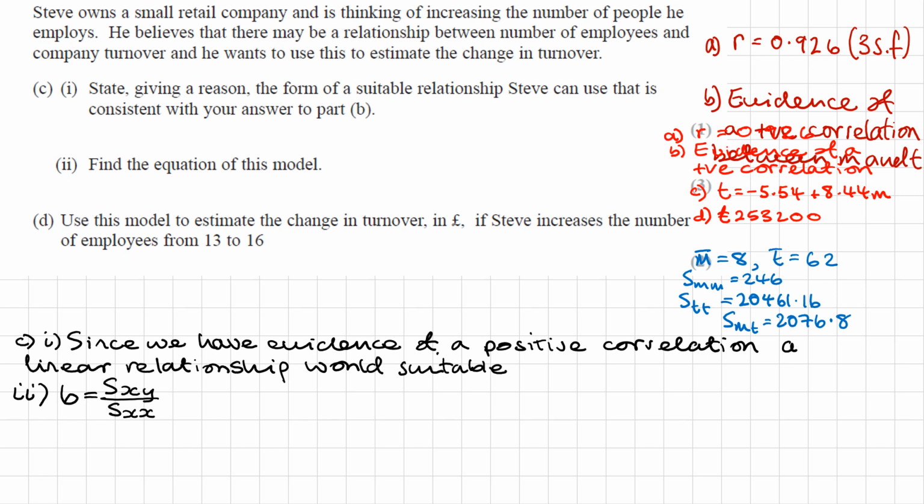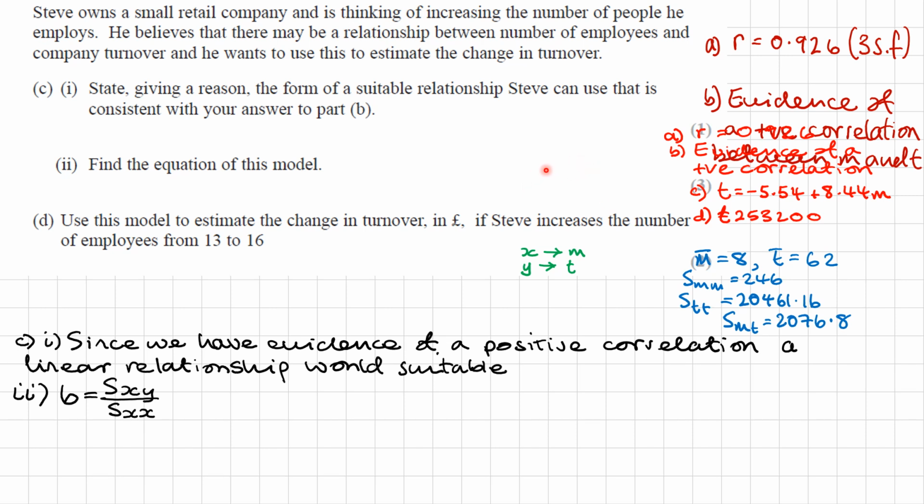Remember I said that we were replacing x with M and y with T. If you're not sure which one to replace with which, x is always going to be the independent variable or the explanatory variable. This is the one that causes y to change.